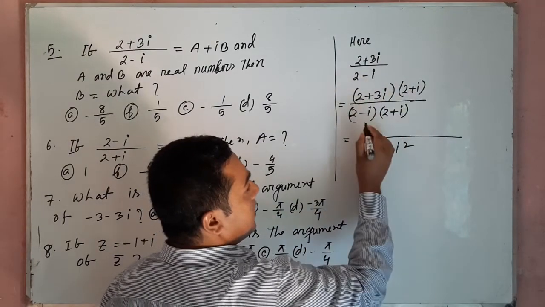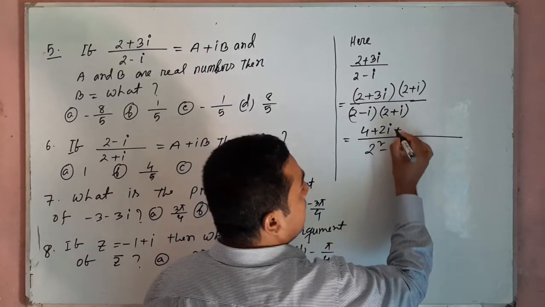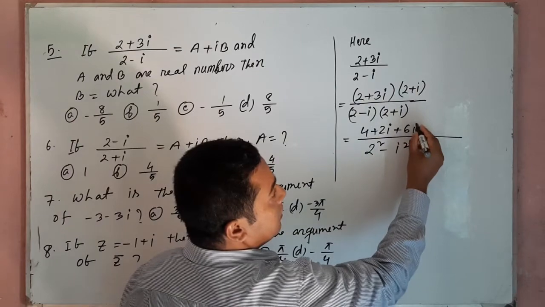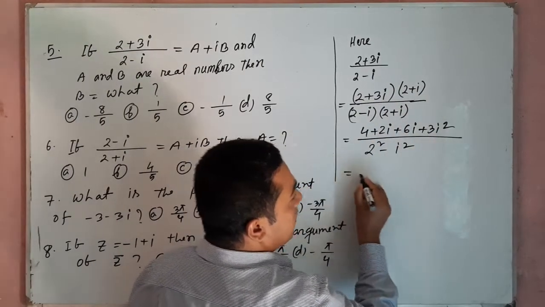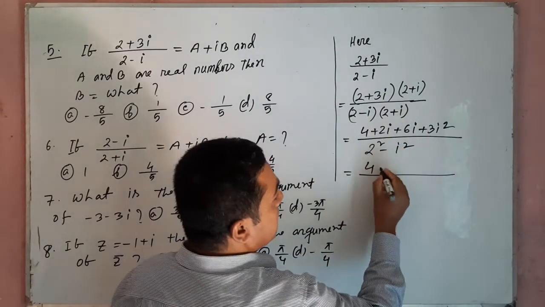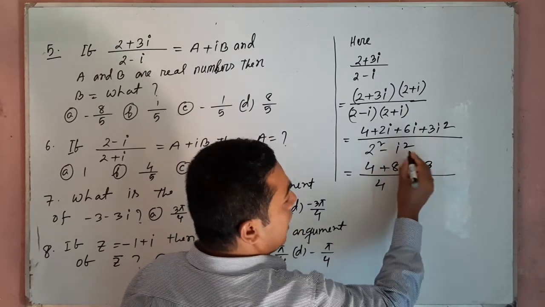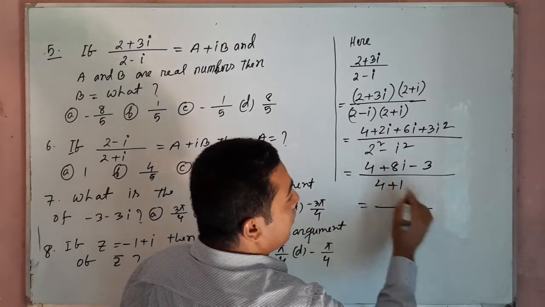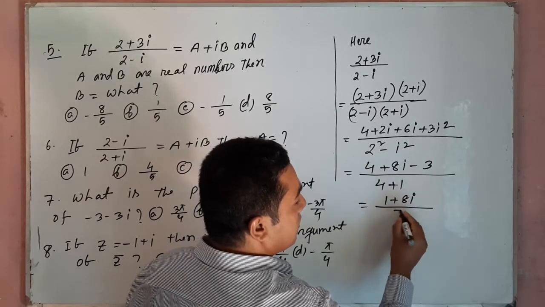In the numerator, multiply the two brackets. At first multiply by 2: 4 plus 2i, and multiply by 3i: 6i plus 3i square. It will be 4 plus 8i minus 3, since i square is equal to minus 1, then it will be plus 1. 4 minus 3 is equal to 1, plus 8i, divided by 5.